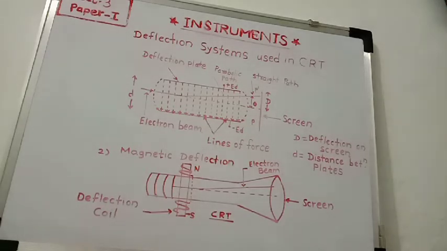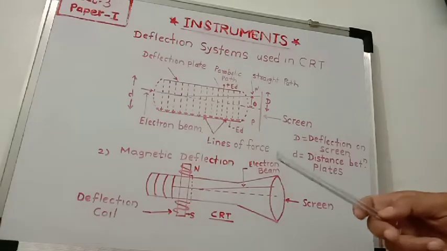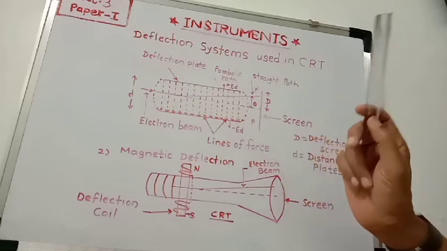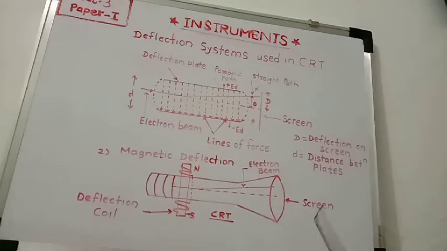The direction of the electron beam can be changed by using the combined effect of these two voltages.